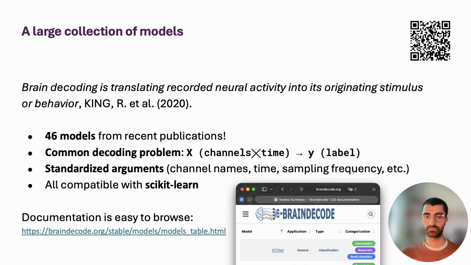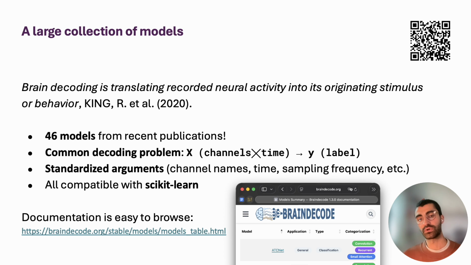And you know that every model will have these exact same parameter names, and that you will be able to pass to the model the exact same window of EEG signal, and you will always get a label. And so it's very easy then to benchmark different models or just to try a new model from a new publication. You don't have to update all of your code. It's all handled by BrainDecode thanks to the standardization.